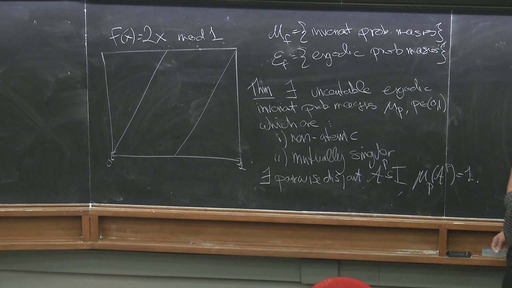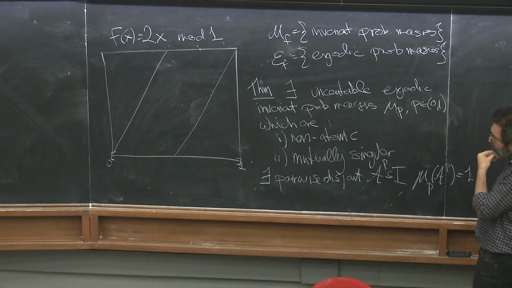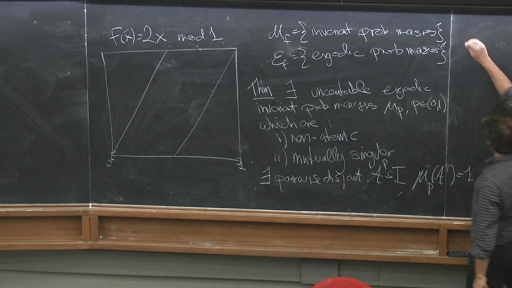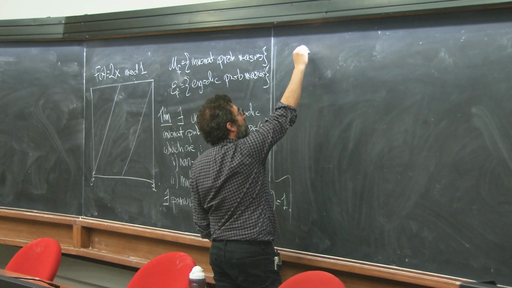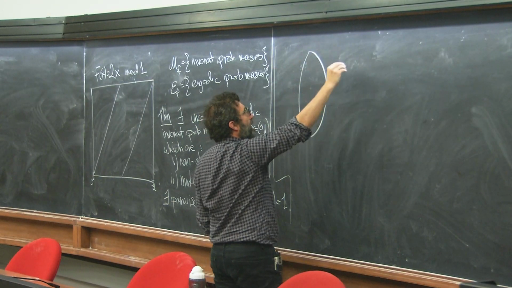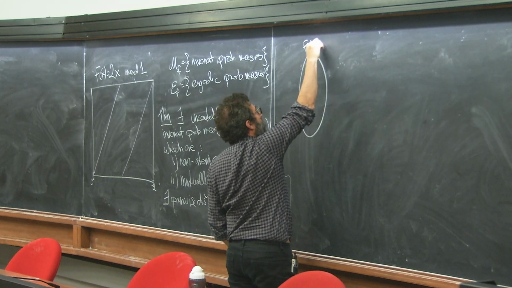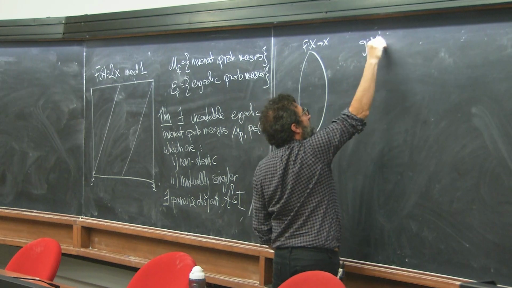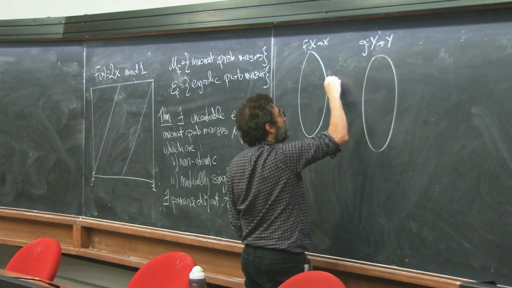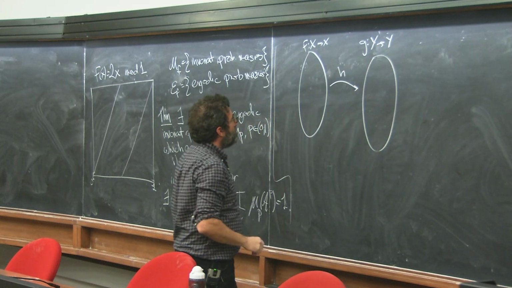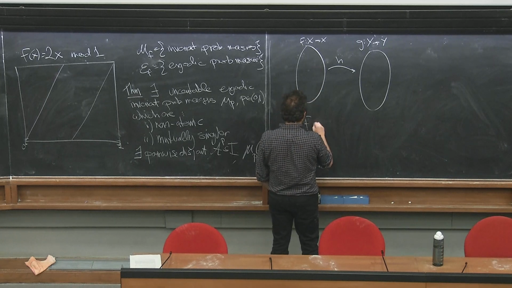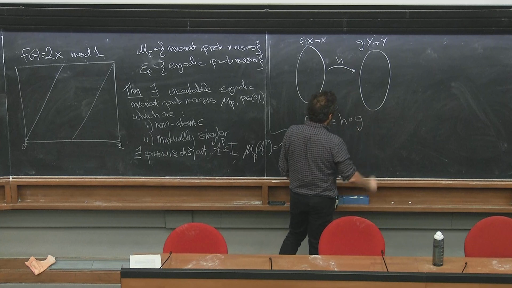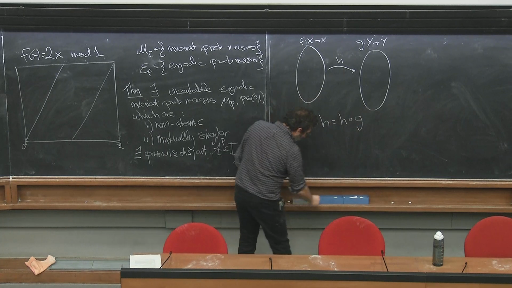First of all, let me make a general comment. You remember that if we have two systems, we studied the problem of these two systems being topologically conjugate, right? This conjugacy means F composed with H equals H composed with G. This is the conjugacy relation.